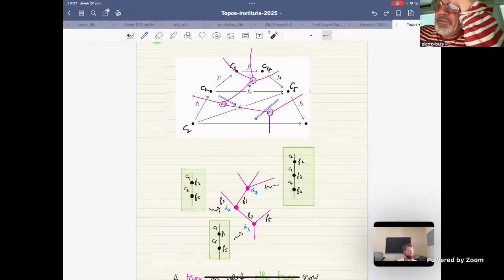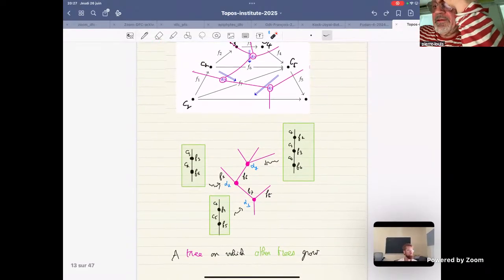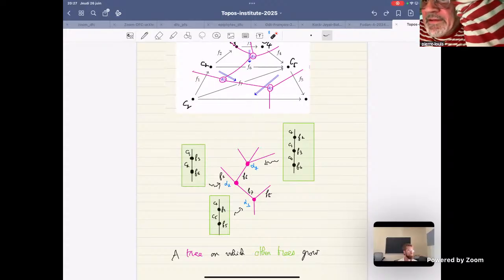Okay, so you see that the idea for these notions of epiphytes is to formalize opetopes as trees whose nodes are themselves decorated by trees. Okay, but each time we decrease in dimension.